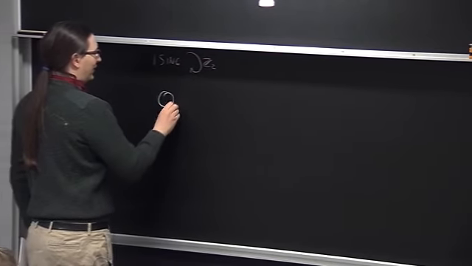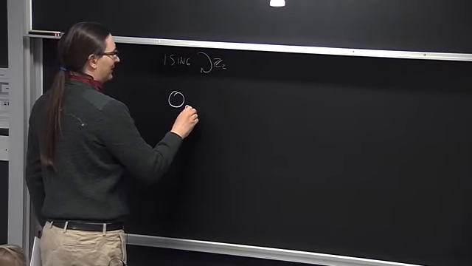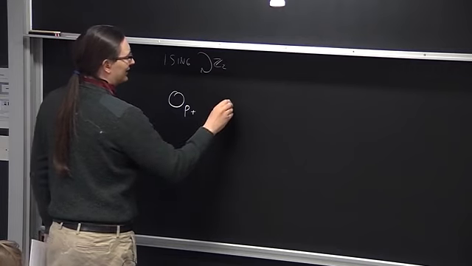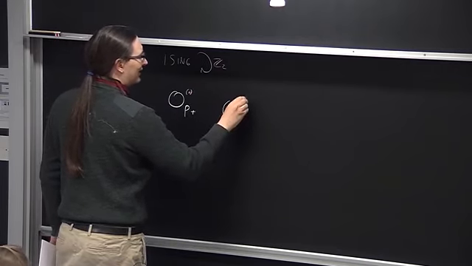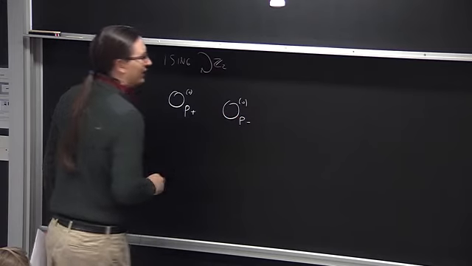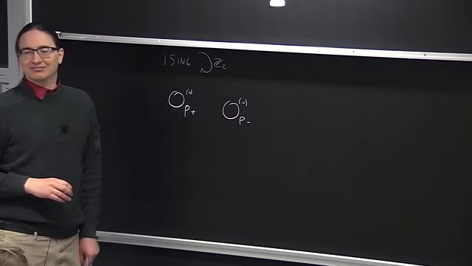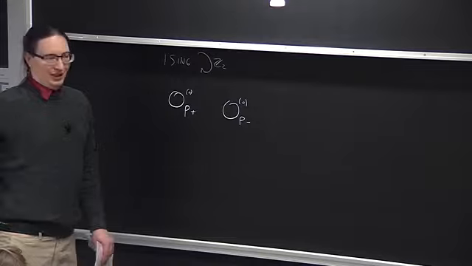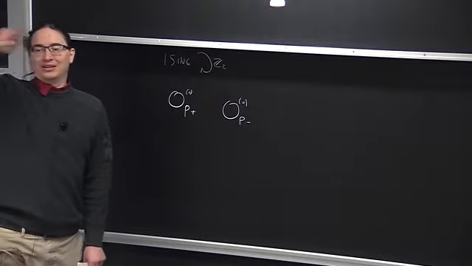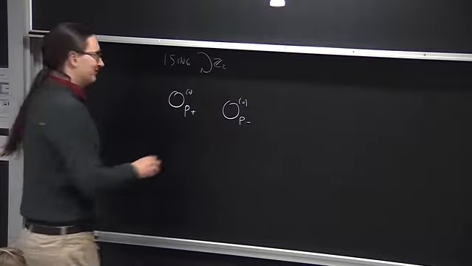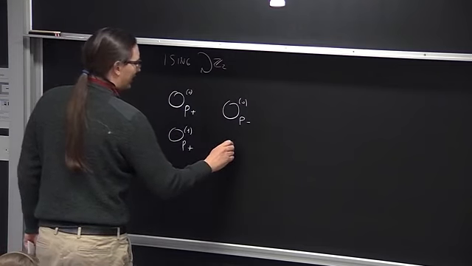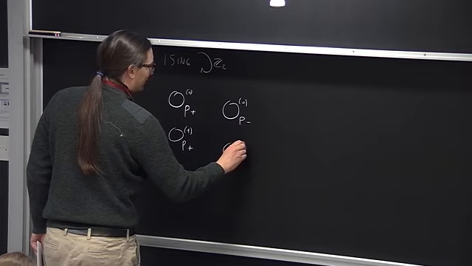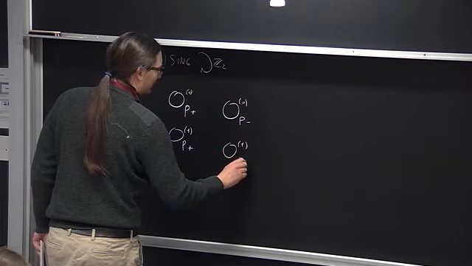I have sort of standard operators, even and odd under the symmetry. I can introduce new operators which live at the end of a cut, and decompose them again in terms of their charge under this Z2 symmetry.